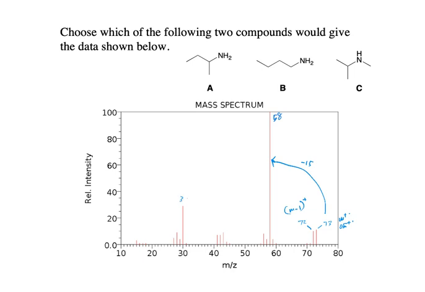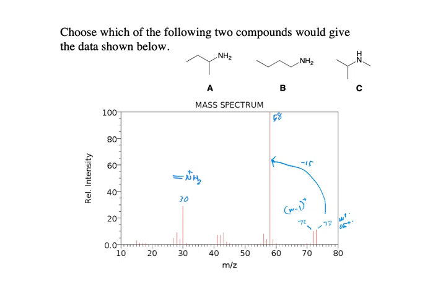And then we have this ion down at 30, which we talked about before. That's the main one we see usually when it's a straight chain amine.